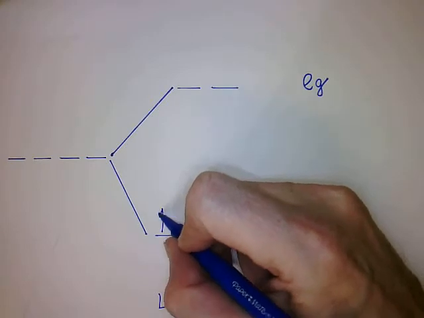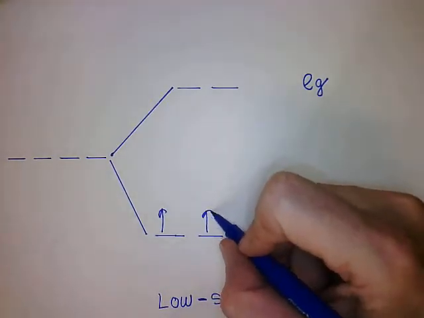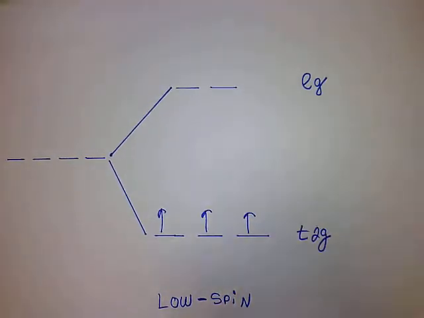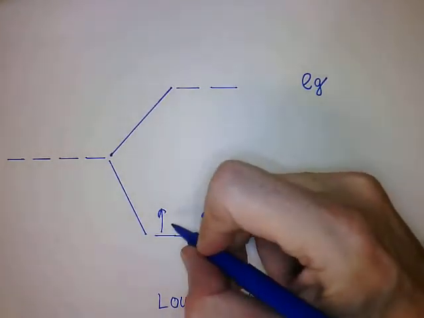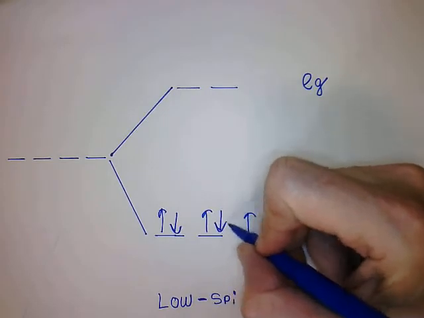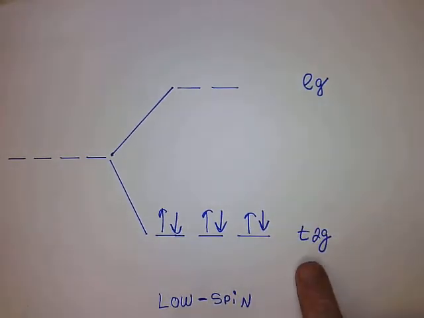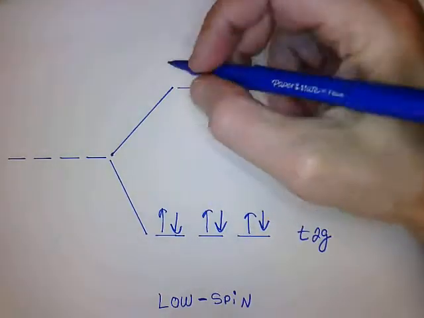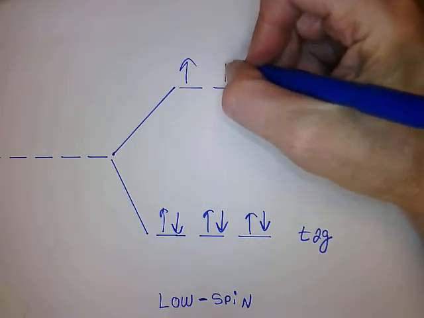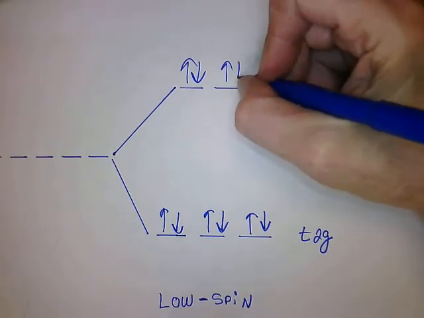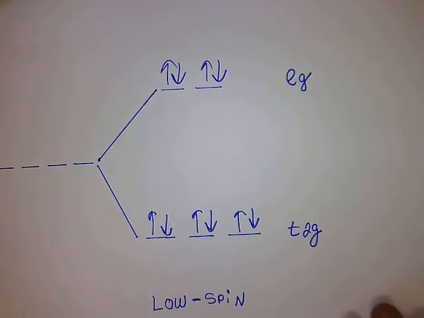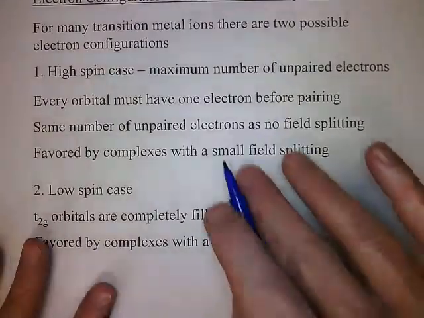We would go 1, 2, 3, and then we have to start pairing them up, but we stay down here. 4, 5, 6. Then when these are completely filled, we jump up here. 7, 8, 9, and 10. Okay, so that's the low spin case versus the high spin case.